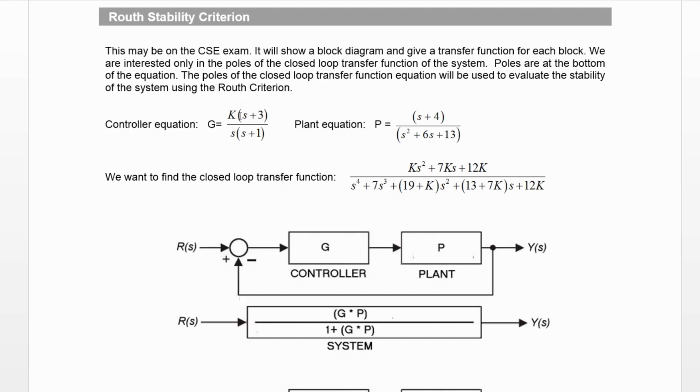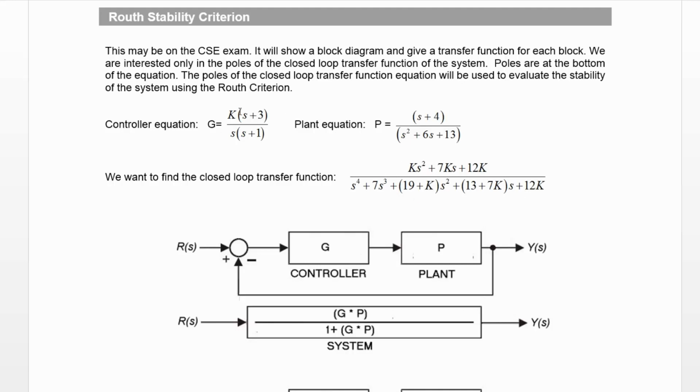They say the controller is K times S plus 3 over S times S plus 1, and the plant equals S plus 4 over S squared plus 6S plus 13. What is the closed loop transfer function? And this is the solution to it.